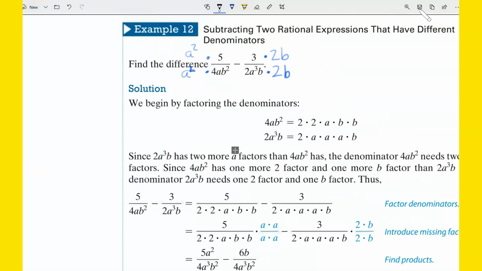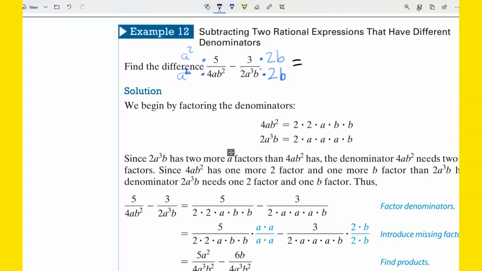So let's see, on the left side, it gives me 5a squared over 4. And then the a squared times the a makes that become a cubed b squared. And then I'm going to change that minus to a plus.